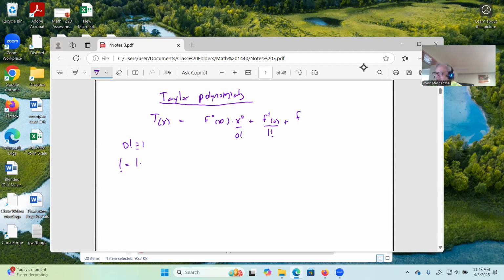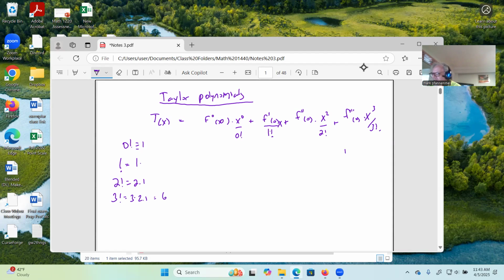Plus f double prime at zero times x squared over 2 factorial. 2 factorial is equal to 2 times 1. Plus f triple prime of 0 times x cubed over 3 factorial. 3 factorial is equal to 3 times 2 times 1, which in this case would be 6.